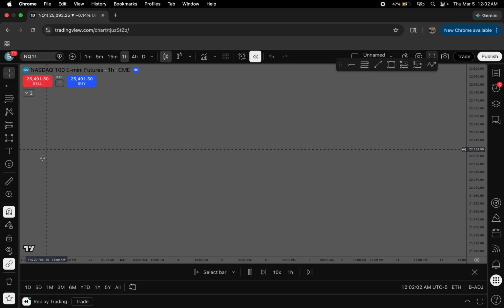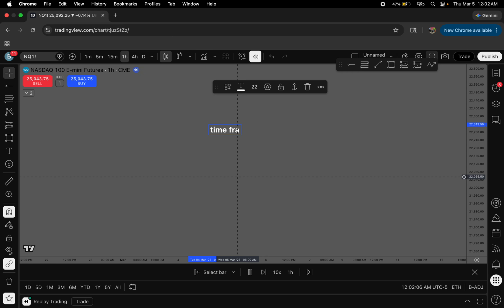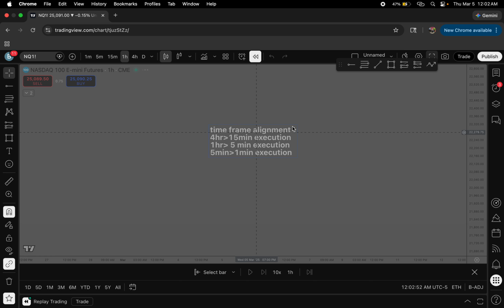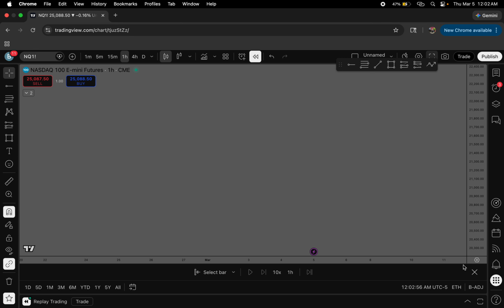Time frame alignment. This also helps with limiting how much exposure you put yourself out there for, because if you mark them out in a 4 hour, obviously it's not going to look the same.